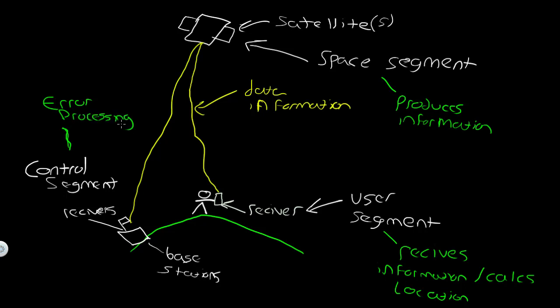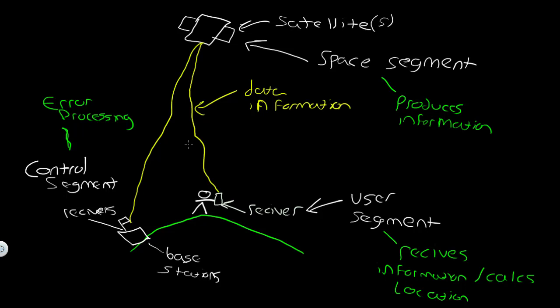So when we talk about how we can reduce errors, a lot of that is going to be coming from this control segment. And there's going to be similarities between the control segment and the user segment that we'll talk about in a later video. But basically, the satellite is producing the information that's being received by the user and the control segment. The user segment takes that information and calculates your location, updates your location so that you can have things like Google Maps give you real-time routes. The control segment also receives that information and processes it, but it's going to do something that'll help the receiver on the user side end up with a more accurate location.